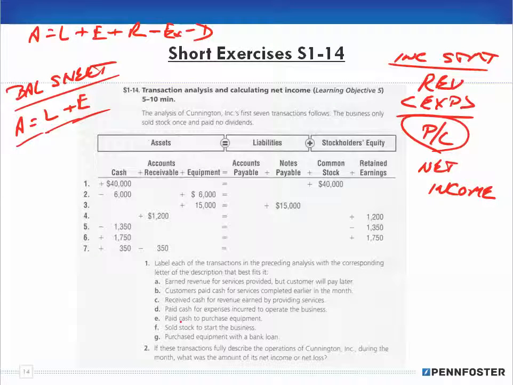Paying cash is not it. Sold stock to start the business. Sold stock. So we're talking about stock here. And if we're selling stock, that means we have an increase in our stock, right? And we're receiving cash for it. So number one is the letter F.